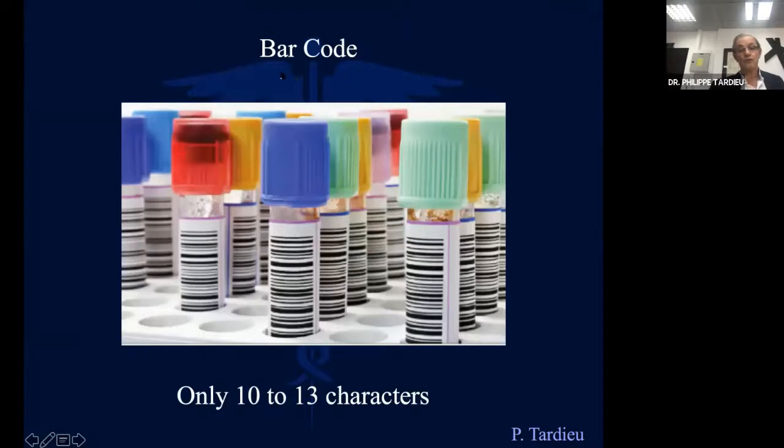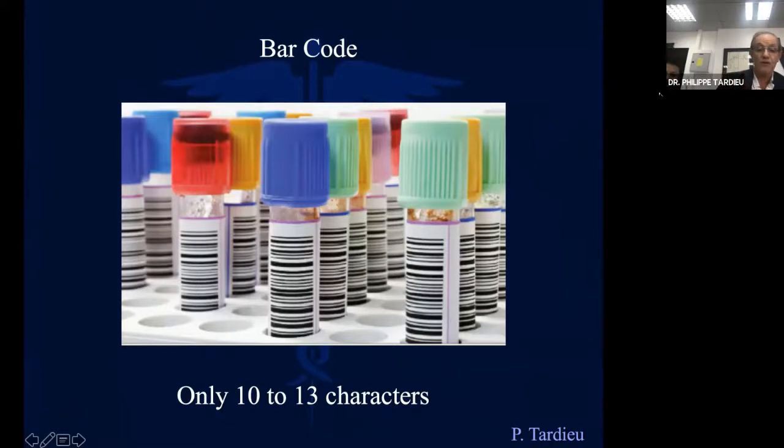So I want to introduce you one thing before I start with the program itself. And this is the barcode. What you see, the bottles here are the barcodes that you have when you go to Carrefour, let's say. They are reading your articles on the barcode.